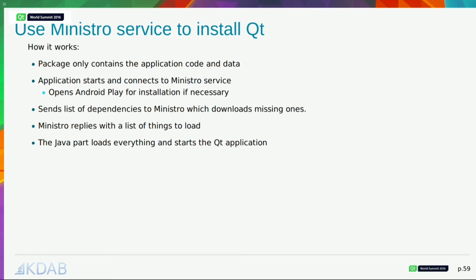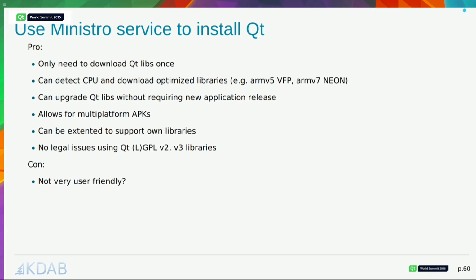Then, when it manages to connect to Ministro service, it sends a list of dependencies to Ministro. Ministro downloads only the missing ones. Then it replies with a list of things that the Java part needs to load. The Java part of your application, as I said, every single Android application has a small Java part. This Java part loads all the stuff that Ministro replies with, and it starts your Qt application.